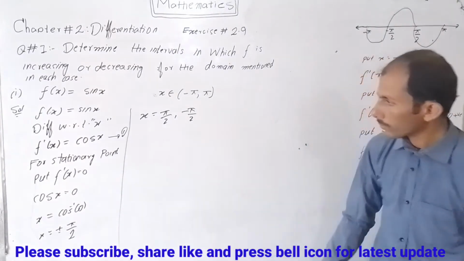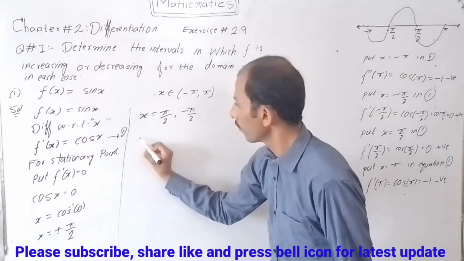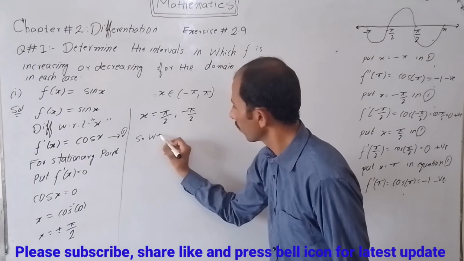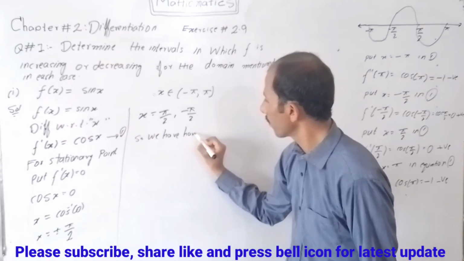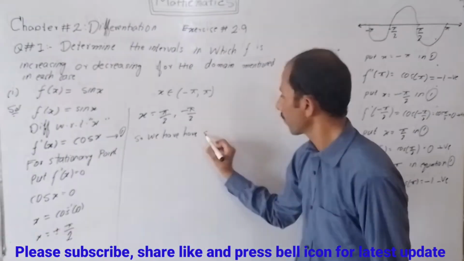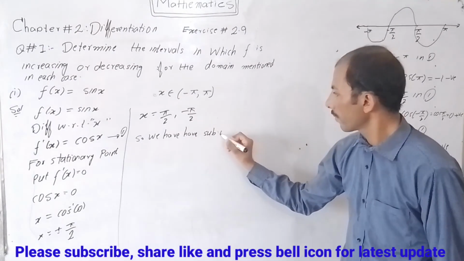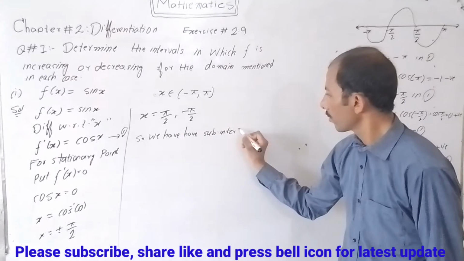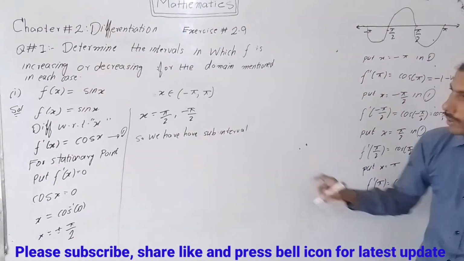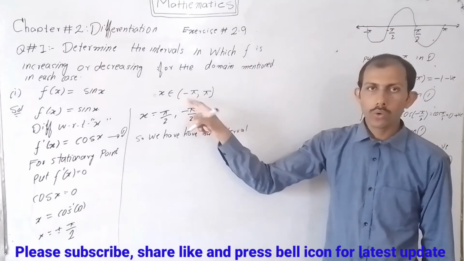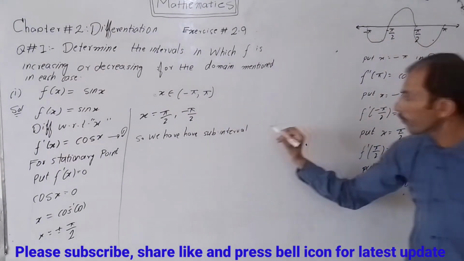Next, so we have subintervals: minus pi to minus pi over 2.